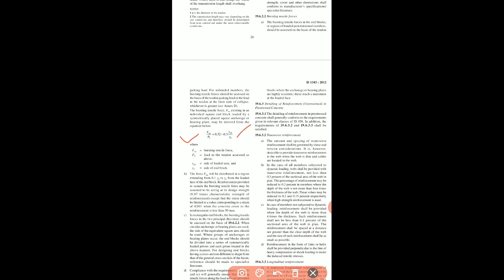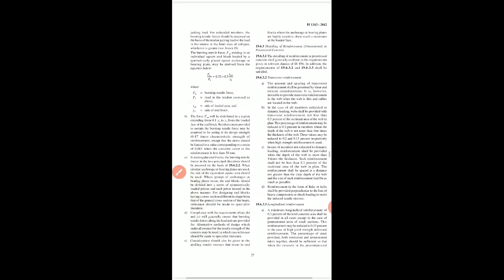So this equation is FBST divided by P0 equals 0.32 minus 0.3 yp0 upon y0. Now these are the symbol notations. FBST is the bursting tensile force.